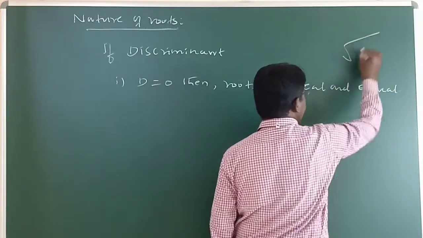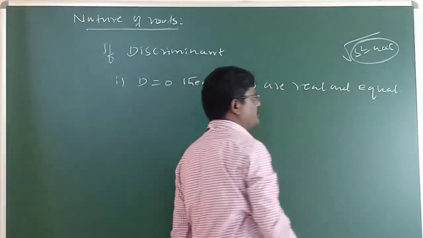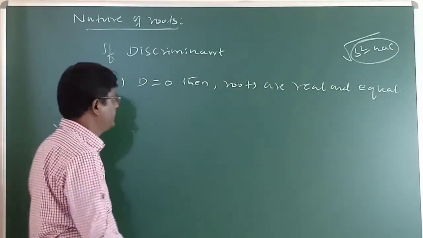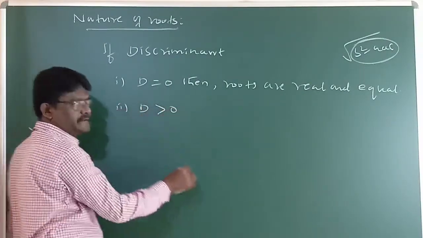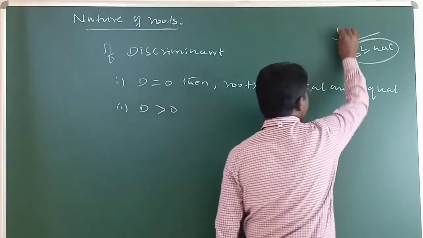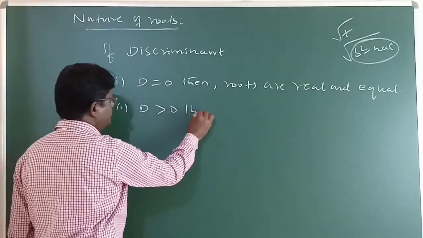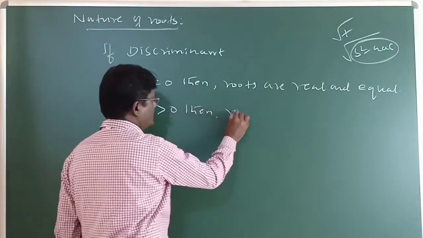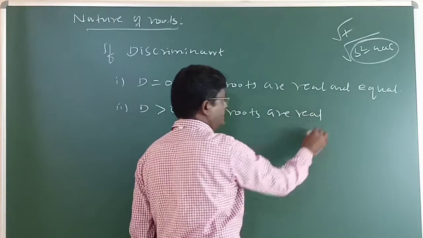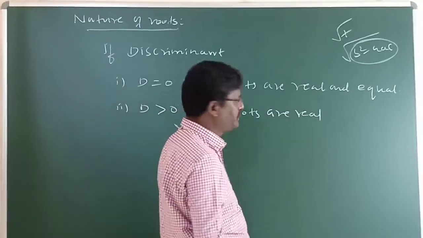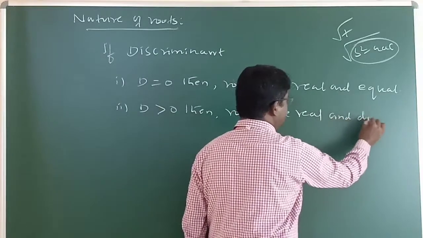Just this one, children: b square minus 4ac. If this is 0, the roots are real and equal. If D is greater than 0, it is positive, then the roots are real. When it is positive, it is real, no doubt at all. Real and distinct.